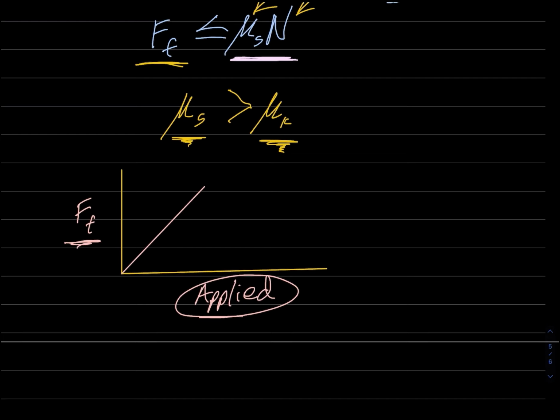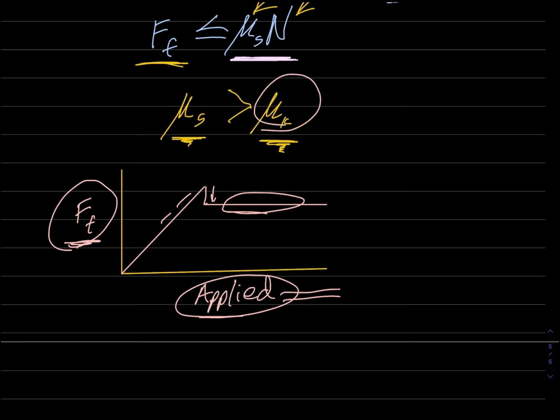At some point, the box will start to move, and the chart will look something like this. The friction force can get greater and greater the more you push on it. But when it starts to move, the maximum friction force that it can apply is less, because it depends on the coefficient of kinetic friction, whereas keeping the box from moving depended on the coefficient of static friction.